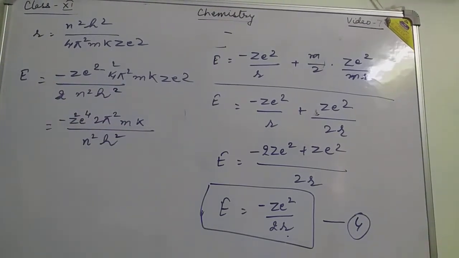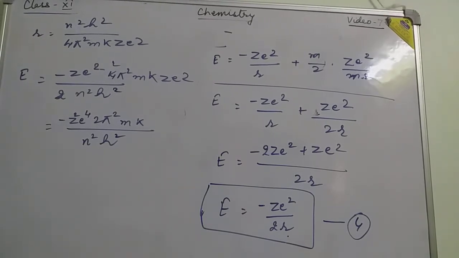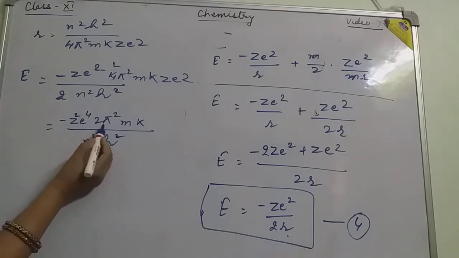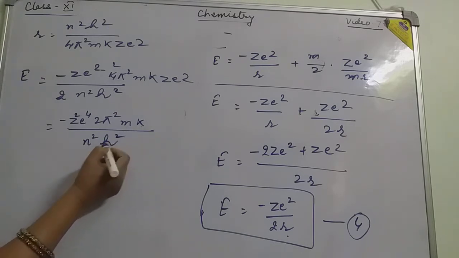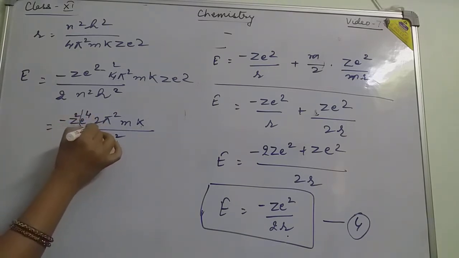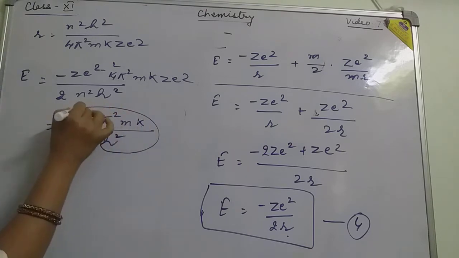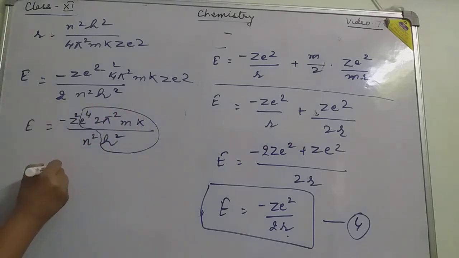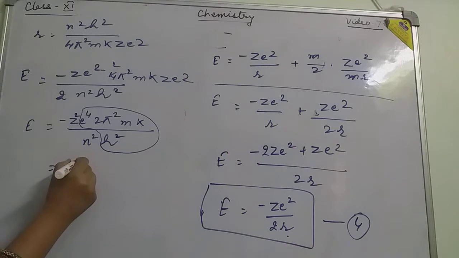Here the values of these are again constants. So it is equal to minus Z square by n square.